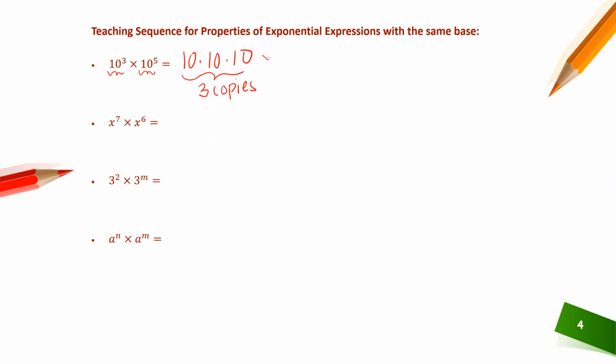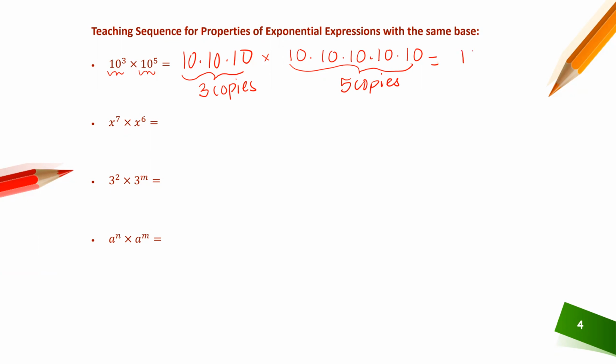And then we're multiplying that by 10 to the 5th power, and that is an additional 5 copies of 10. So if you think about it, that visually shows you 8 copies of 10.